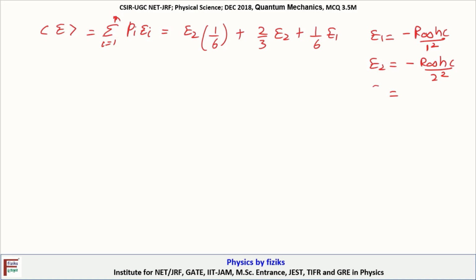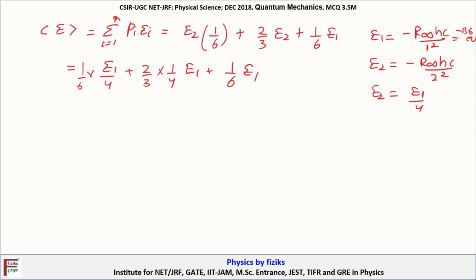So we can write E2 as E1 by 4, where E1 equals minus 13.6 eV. Substituting the value here, E1 by 4 into 1 by 6 plus 2 by 3 into E1 by 4 plus 1 by 6 into E1.